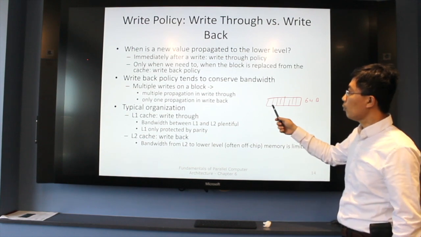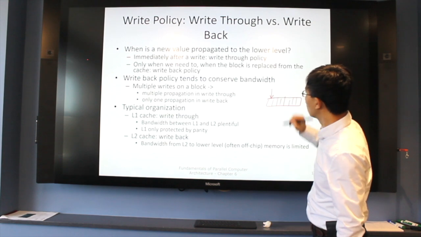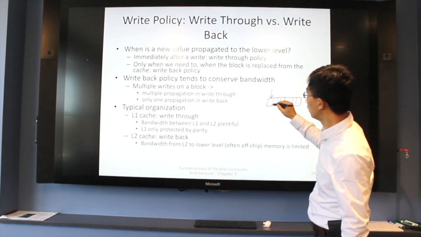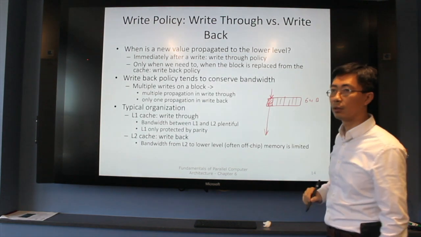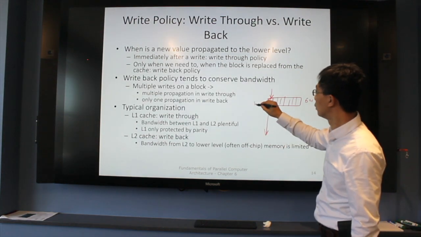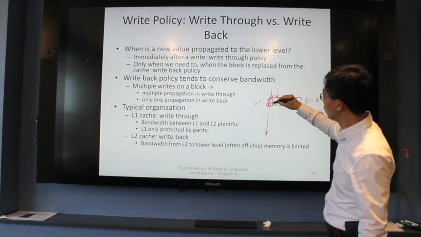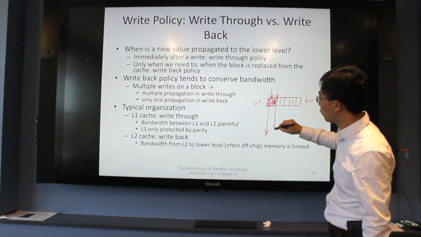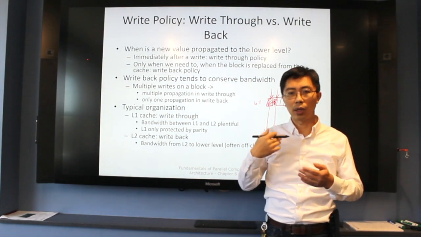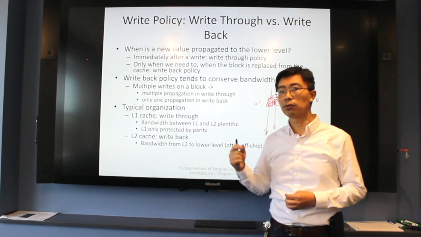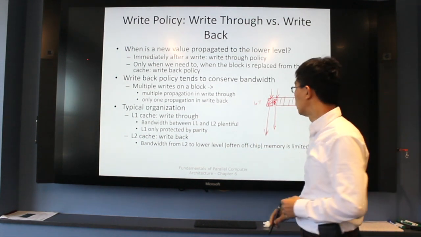If we use write-through, every time I write, let's say to the first element of the array, I propagate it down. That's a write-through. And then I write to the next one, and I propagate it down, and so on. So you're going to have 8 write-throughs in this case. Now if we have a write-back cache, this doesn't happen.